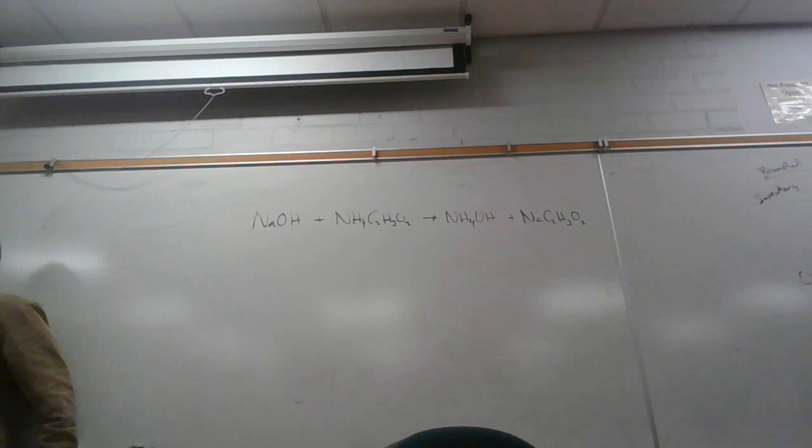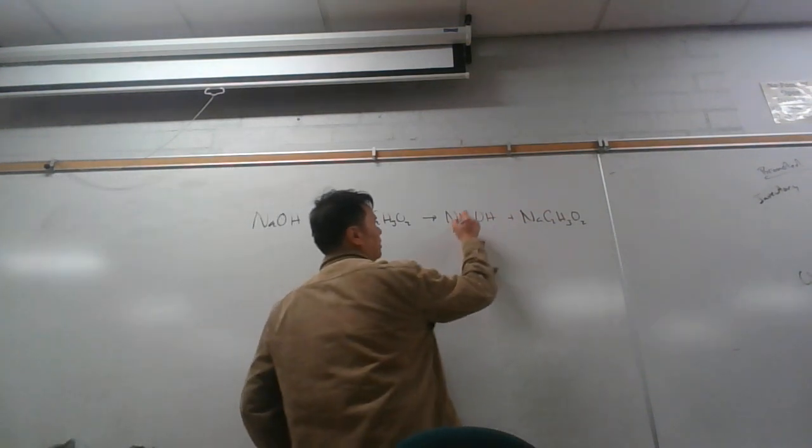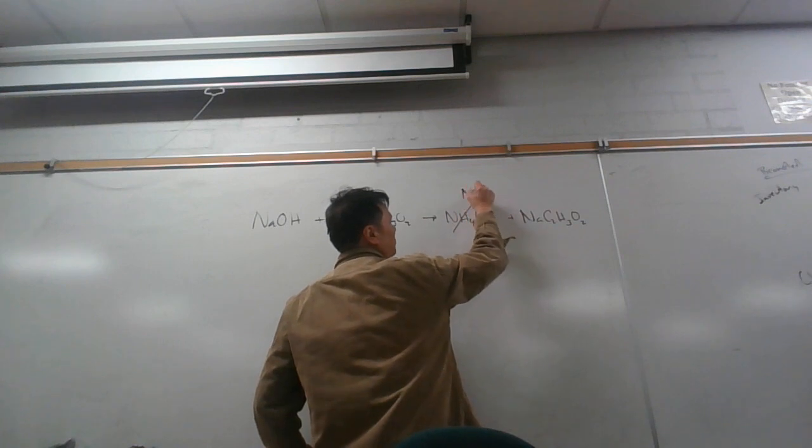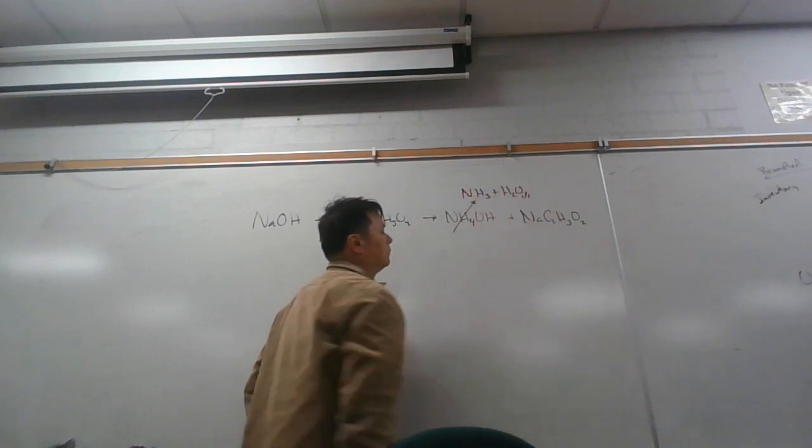Unstable. They're unstable. Carbonic acid decomposes into CO2 and H2O. Ammonium hydroxide decomposes into NH3 and H2O. So we shouldn't leave this like this. We need to decompose this into NH3 plus H2O. Good.